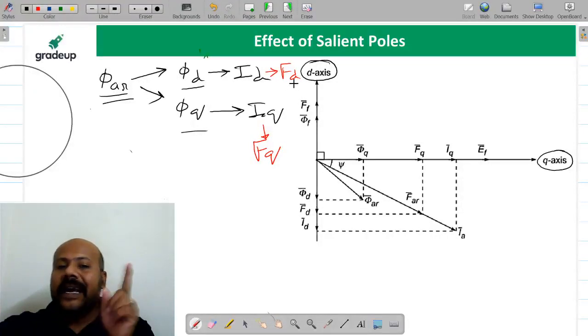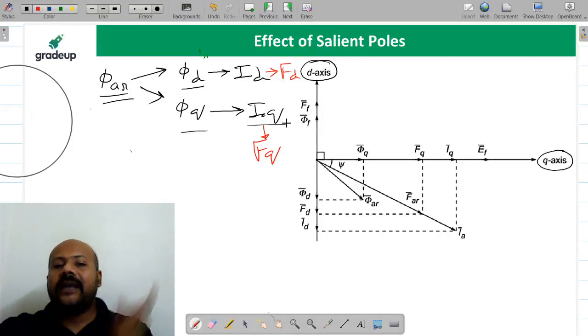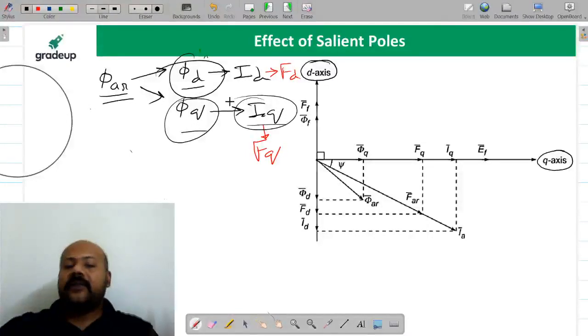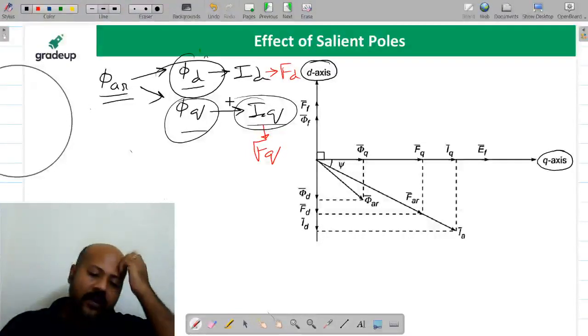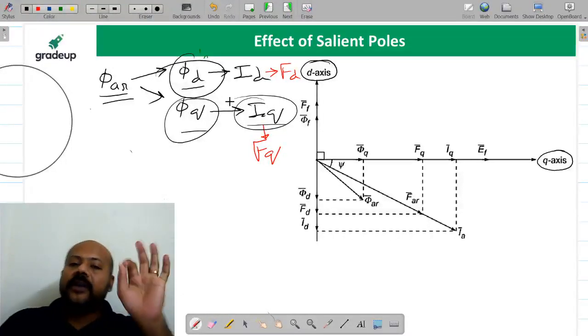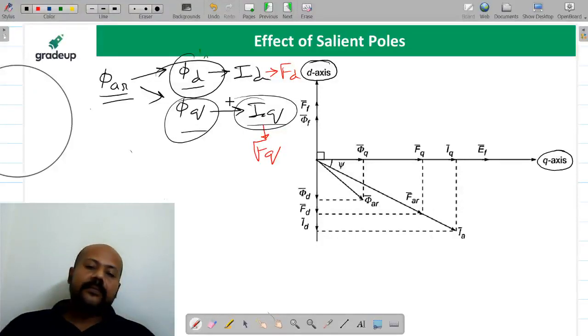Now along FD you will get ID and along FQ you will get IQ, and from ID you will get phi D and phi Q from IQ. Is it clear to all of you? Are you getting this idea? This is very important. If you understand this, then the rest is going to be very easy for you.